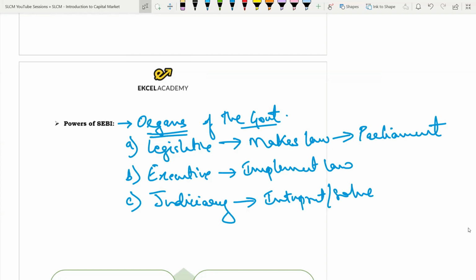But when we come to a specific sector, like if you're talking about the capital market, are the people who are sitting in Parliament more well-versed about what is happening in the market, or SEBI, being the regulator, has more in-depth knowledge about the market?